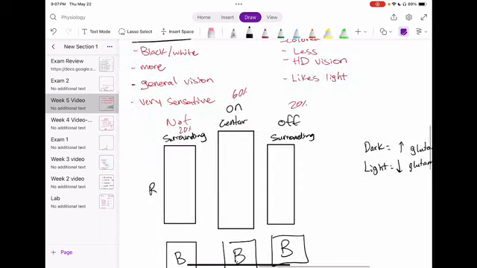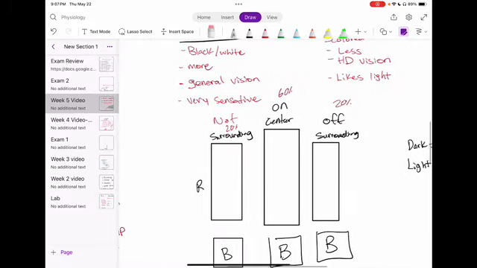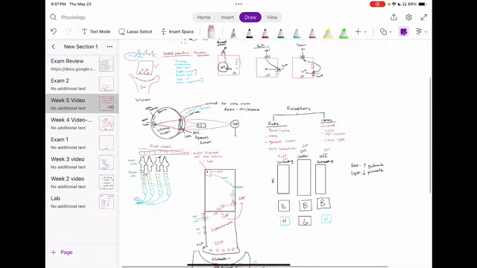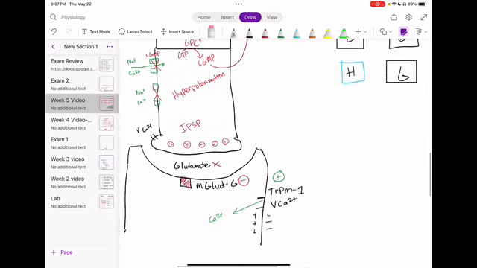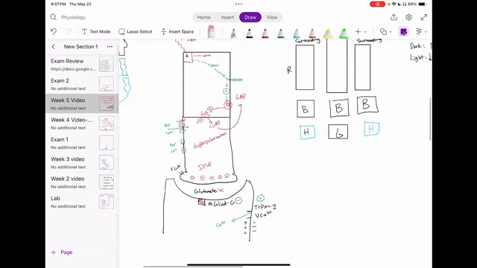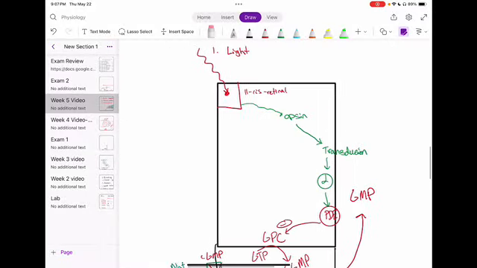So if we have more light, we're going to produce less glutamate. And you're thinking, how does that happen? So if we think back to this first example, the glutamate actually makes the synapse not happen. It makes us have less action potentials.